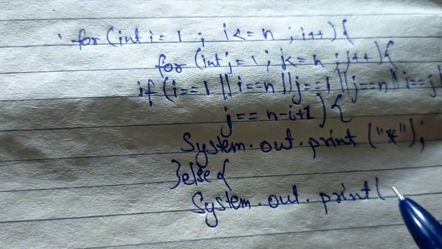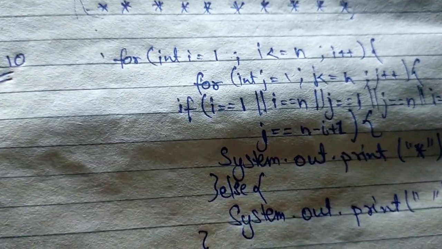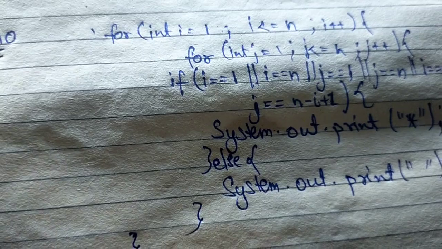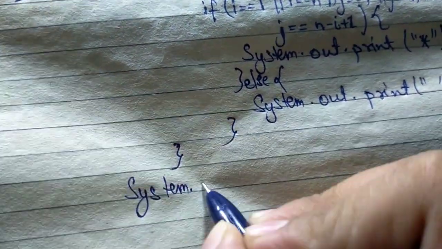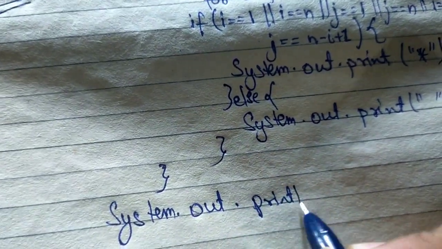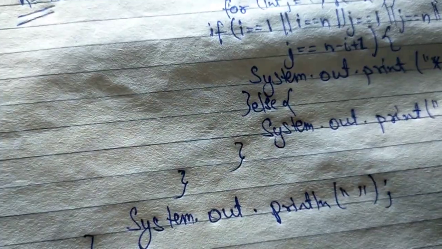After that, when we move out of the inner loop, we print a new line, which is used for line breaks. After that we close the loop.